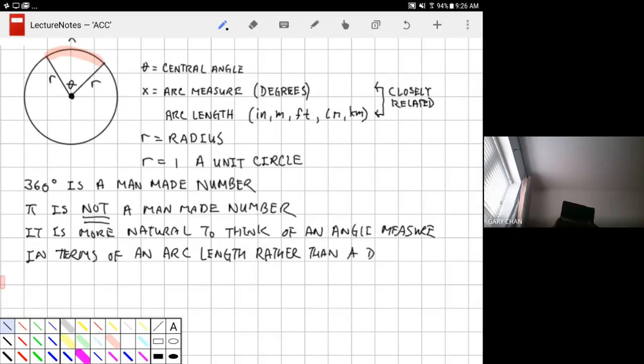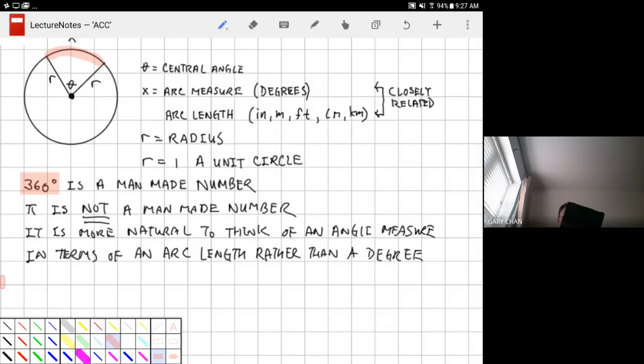And the reason why is that this concept of what a degree measure is, this number here, 360 degrees, is a man-made thing. So it is counter to this whole study of math, because we expect math to be some really natural, free-flowing idea, philosophy.